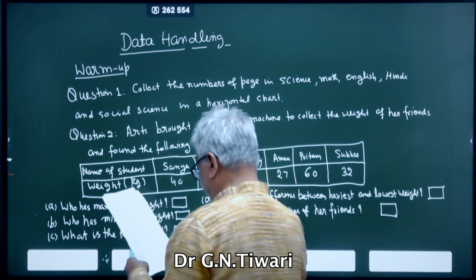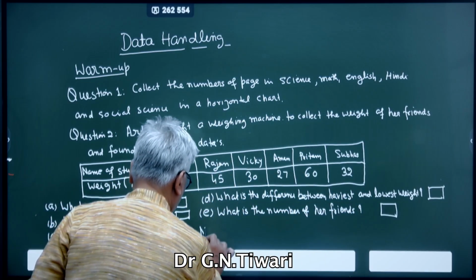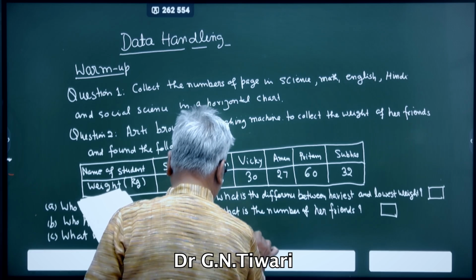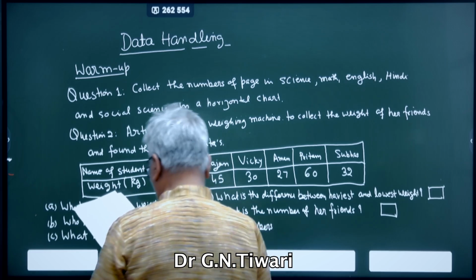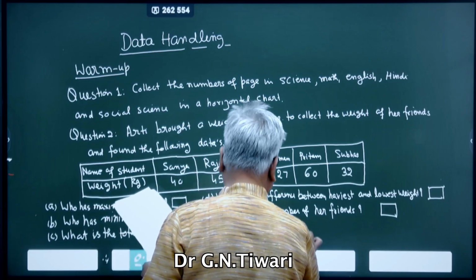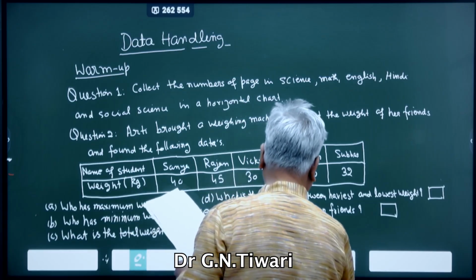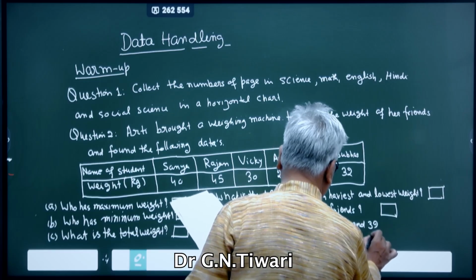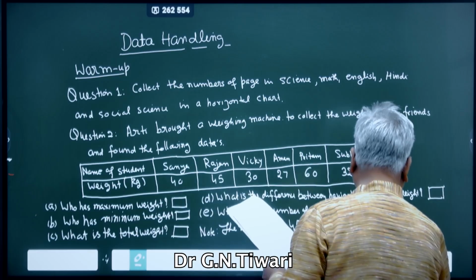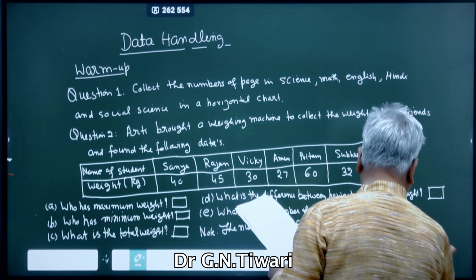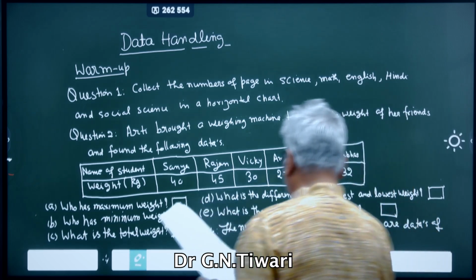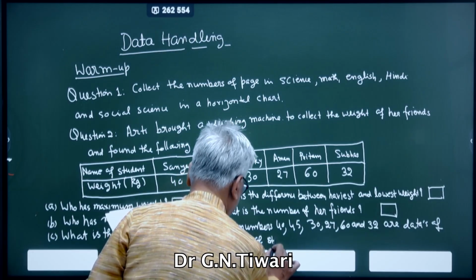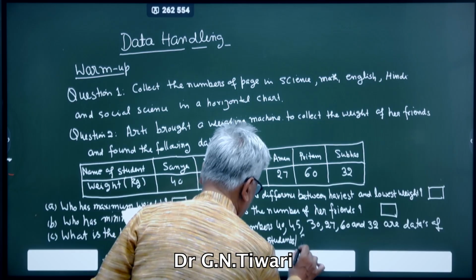अब देखिए, note. The numbers 40, 45, 30, 27, 60 and 32 are data of weight of students, कह सकते हैं friends.